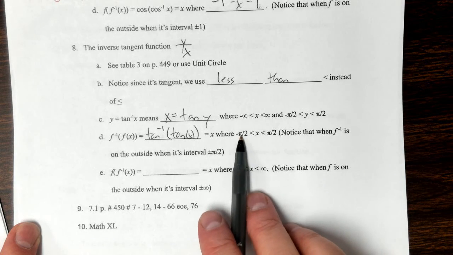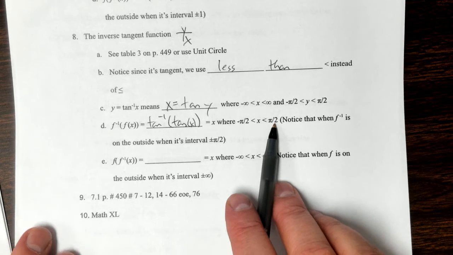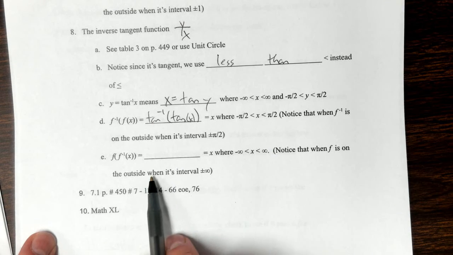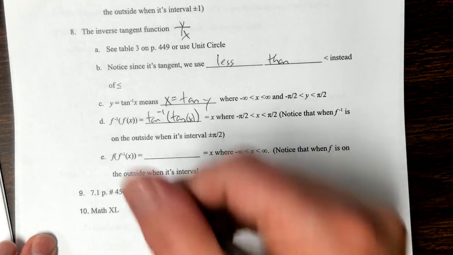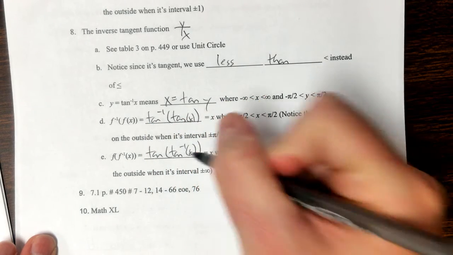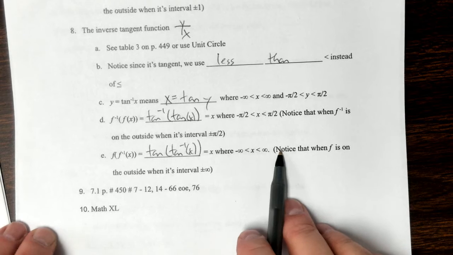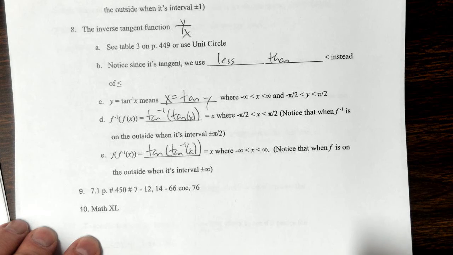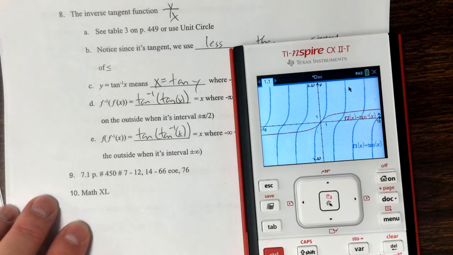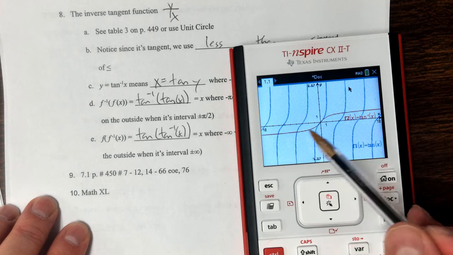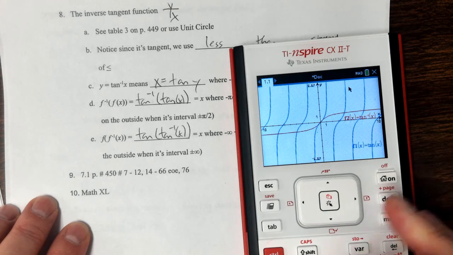Again, we're using negative pi halves to pi halves when the f^-1 is on the outside. But the other one, tan of tan^-1 of x, would go from negative infinity to infinity. Like the graph that I have on here, the red one is the inverse tangent, so that domain is negative infinity to infinity.